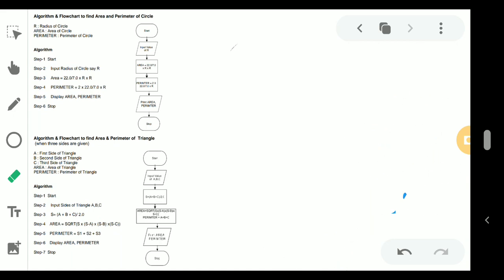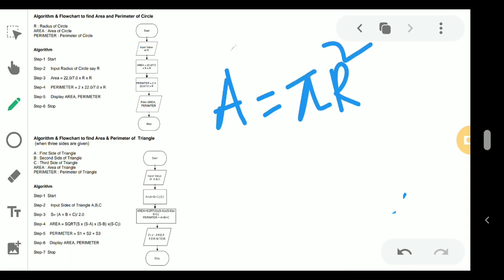First it is written start, then input the radius of a circle, say r. I need to know the radius first. Then step 3, we calculate the area. The formula is area equals pi r square, or pi small r square.